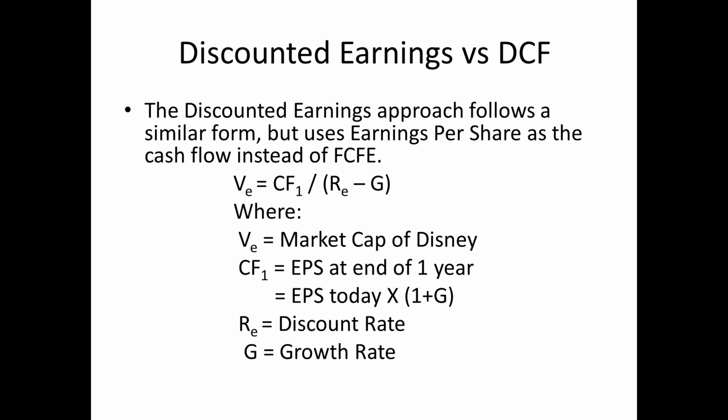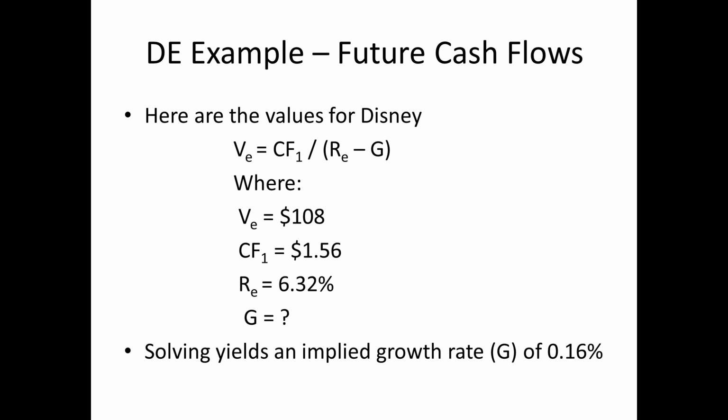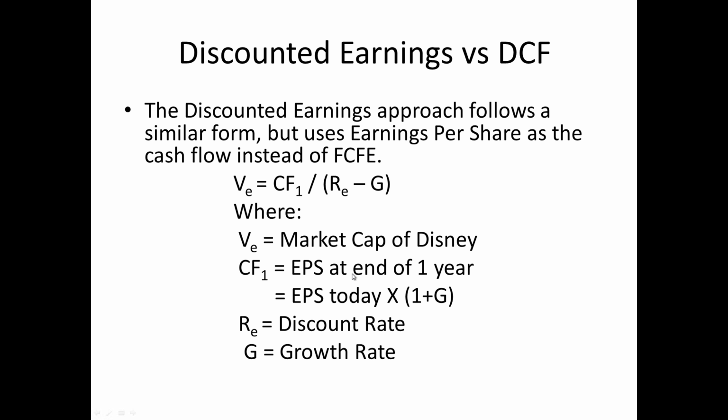Under the discounted earnings approach, we take a slightly different approach. First of all, we use earnings per share as cash flows instead of free cash flow to equity. There are two consequences to this. One is when we say earnings, we're talking about just net income. We're not talking about something that you have to derive by making a bunch of adjustments.